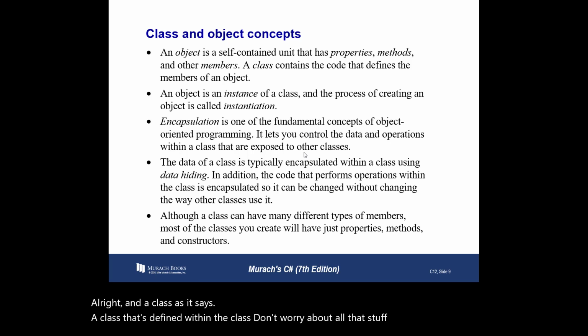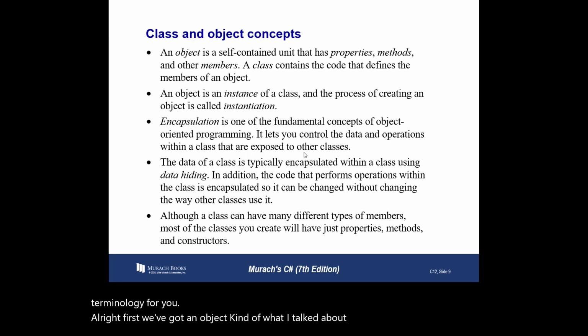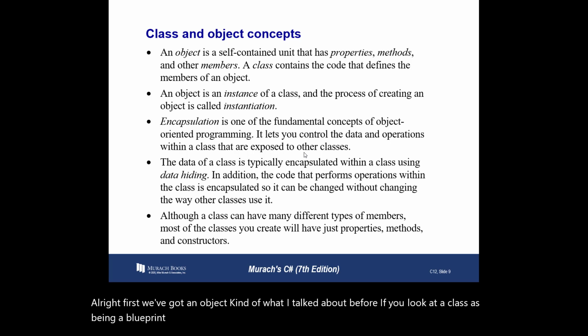Some more terminology for you. First, we've got an object, kind of what I talked about before. If you look at a class as being a blueprint, let's pretend for a moment that I am going to go and build a new house. And I've got the lot.